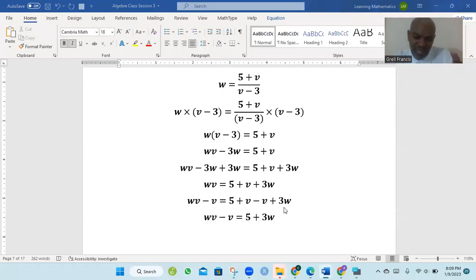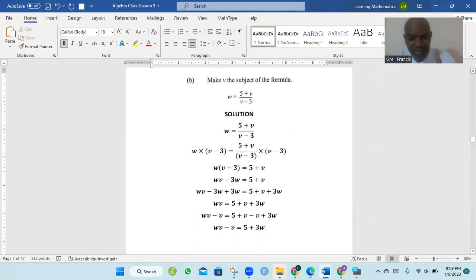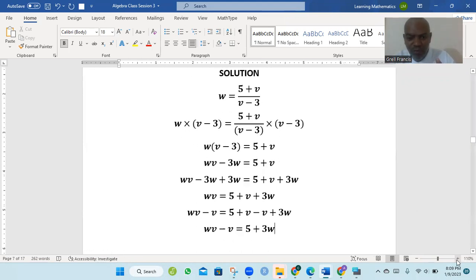So now, as you can see on the left side, V is appearing twice. But we want V to appear only once, because the question says, make V the subject of the formula. So the letter V has to appear only once. So therefore now we're going to factorize V. Factor out V. So WV and minus V, if V is common, we factor out V. Put it outside of a bracket.